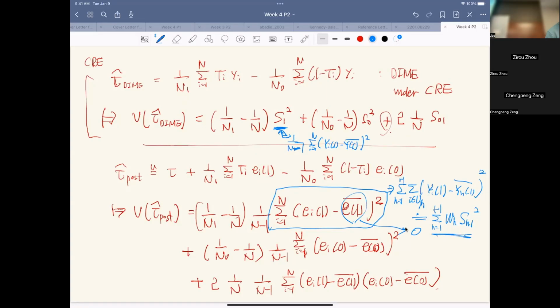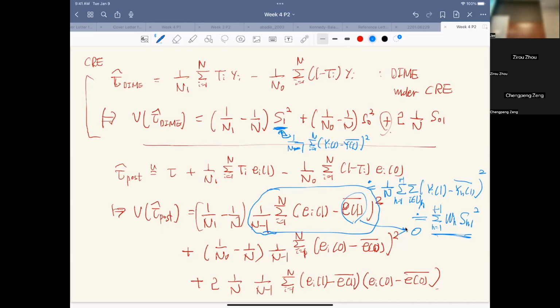By the way, this is not exactly so. Actually, I should include this one too. Sorry, I shouldn't divide. Maybe I should write it a little bit more clearly. This guy is 1 over n, of course.